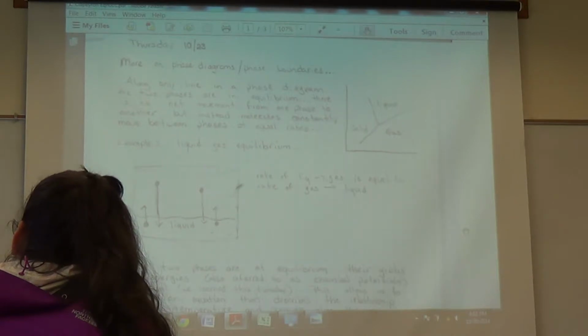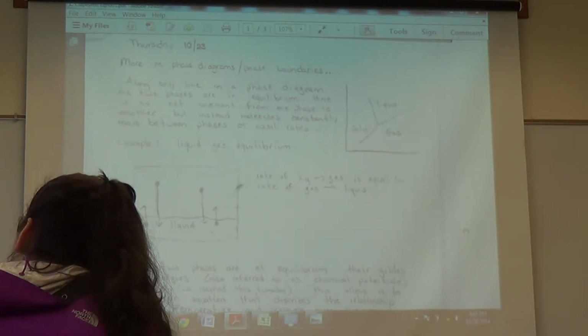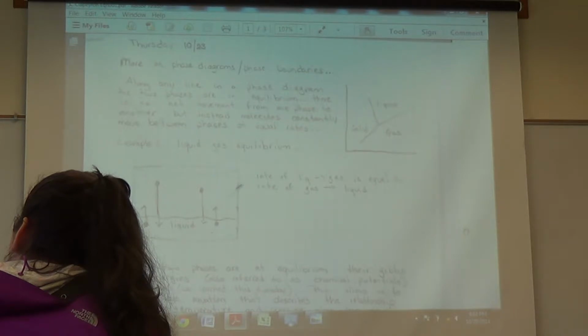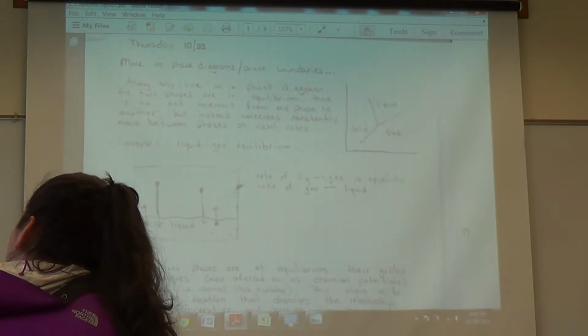And so you pull this piston out, you increase this volume, and molecules are going to start moving from the liquid phase into the gas phase. And if there's enough liquid down here, they'll eventually become so many gas molecules that the pressure is equal to what it was back down here, and you'll have a net equilibrium again, right?